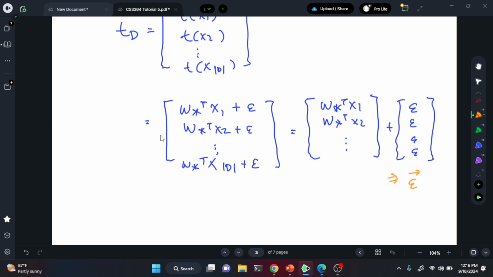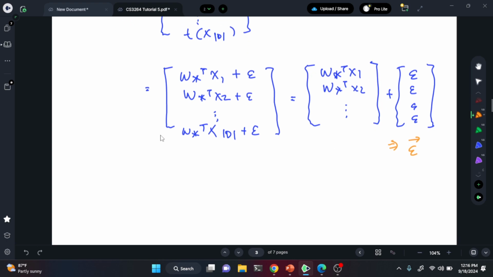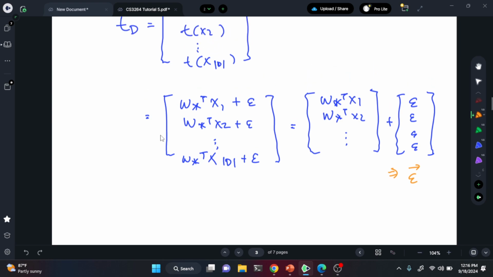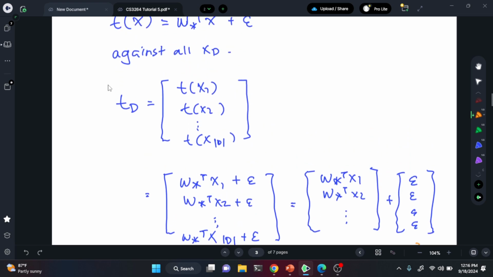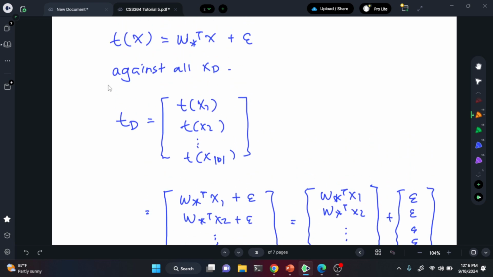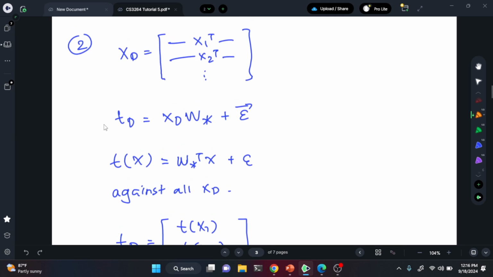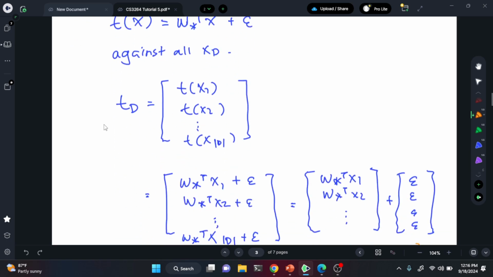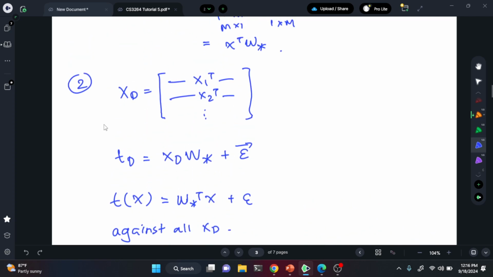Now we move on to this part. How do we decompose this? How can I modify this to incorporate both my W star as well as my XD, where my XD I defined just now this way: x1 transpose, x2 transpose, so on and so forth. To obtain this form of vector, say for example I have W, this is my W vector, initially W1, W2, so on and so forth.